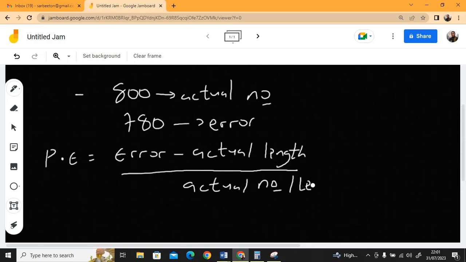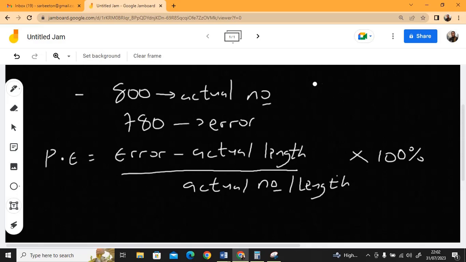Let me put it like this. Length. Yeah, sorry, it should be th, not ht. I always make this mistake. So this should be actual length, then times 100%.